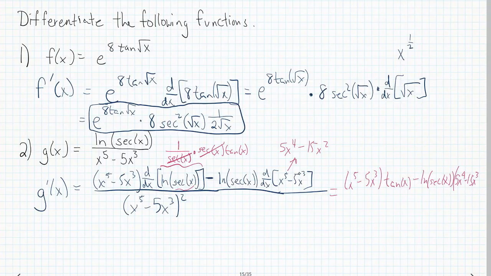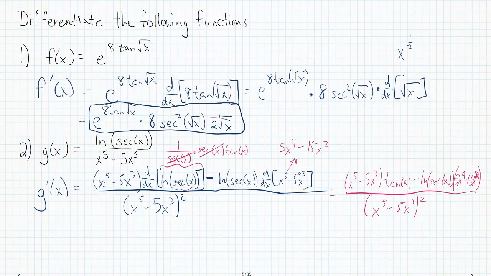Or 15x squared, sorry. Hopefully I fit all that in the screen. Okay, and then all of this is divided by x to the 5th minus 5x cubed, the quantity squared.